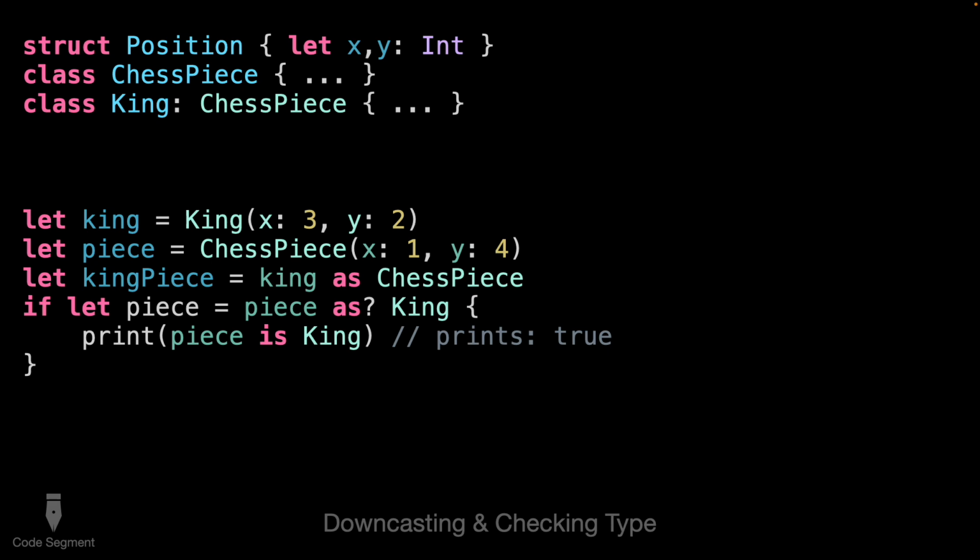Okay, so let's talk about checking type. Sorry, I'm skipping something. We need to talk about as question mark first. As question mark is a way of saying, hey, I have my constant piece, right?